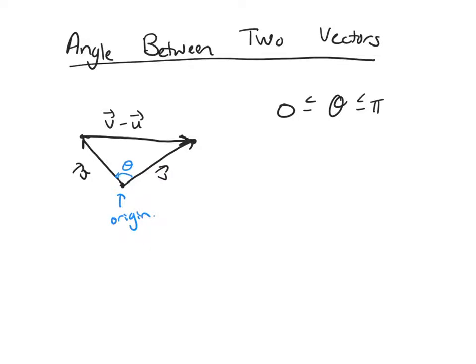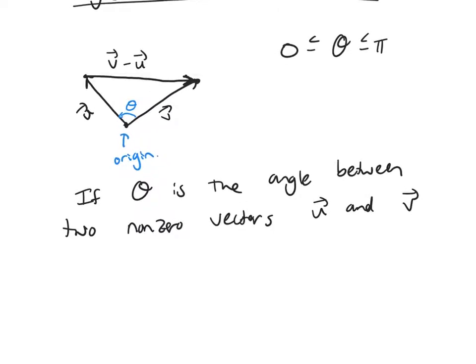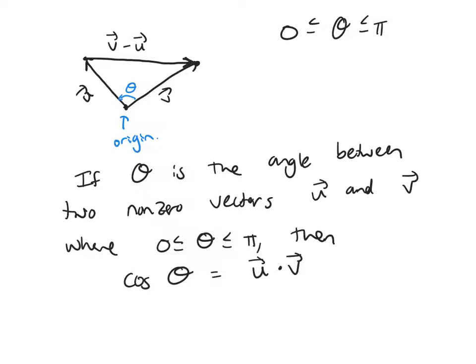And there's a nice formula for that. So if theta is the angle between two non-zero vectors u and v, where again theta is between 0 and pi, then what I know is cosine of theta is u dot v over the magnitude of u times the magnitude of v.